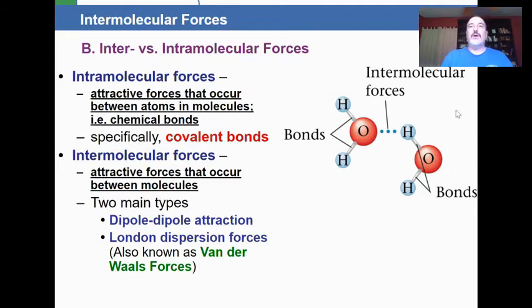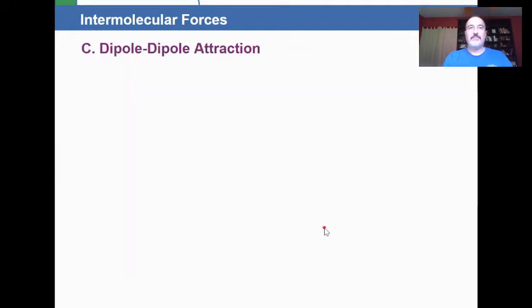So again, intramolecular forces would be the chemical bonds between a hydrogen and an oxygen within a single molecule of water, whereas an intermolecular force would be between an oxygen and a hydrogen in two separate molecules.